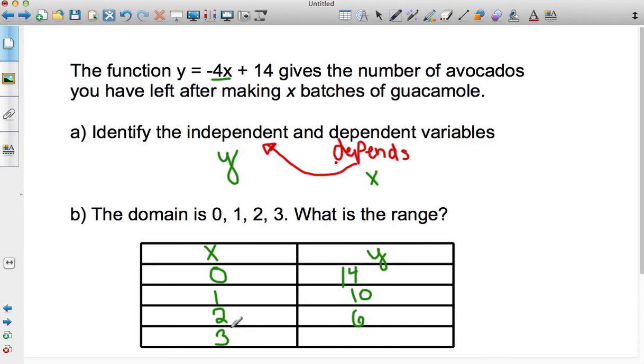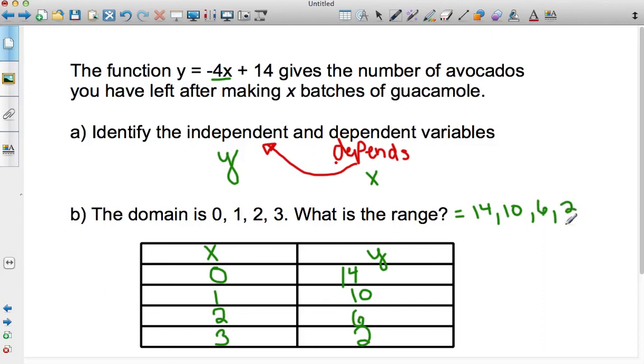And finally, if x is 3, negative 4 times 3 is negative 12 plus 14 gives me 2. Therefore, the range is equal to 14, 10, 6, 2.